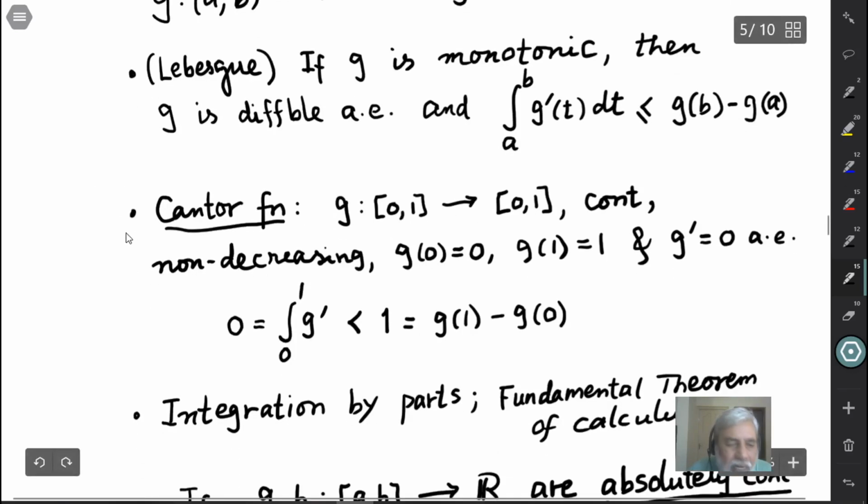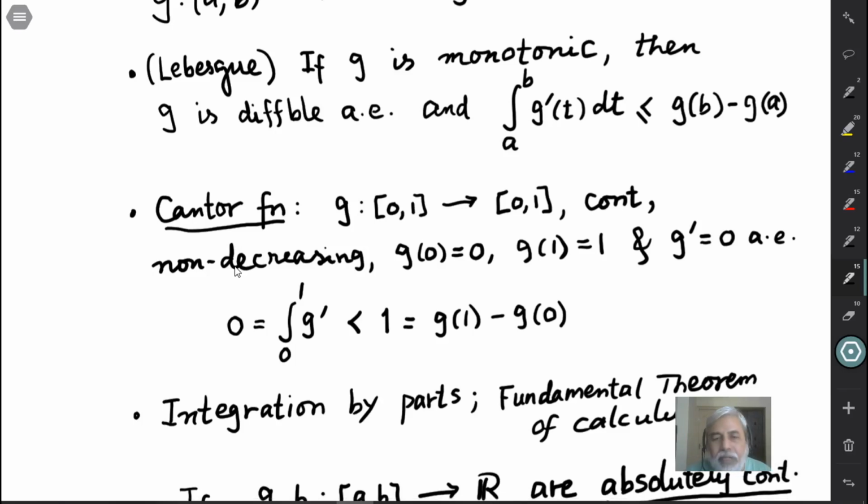So this is the first difference we observe between everywhere differentiable functions and almost everywhere differentiable functions. And this is a standard example, the Cantor function, which is constructed using the Cantor set. I hope you all know what the Cantor set is. Using that, one constructs the Cantor function g defined on the closed interval 0, 1 to 0, 1.